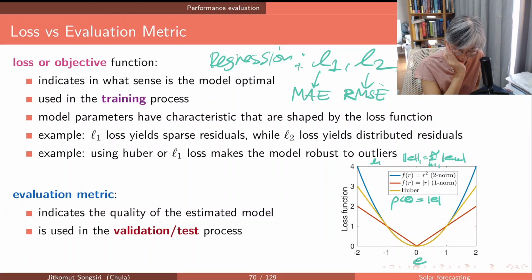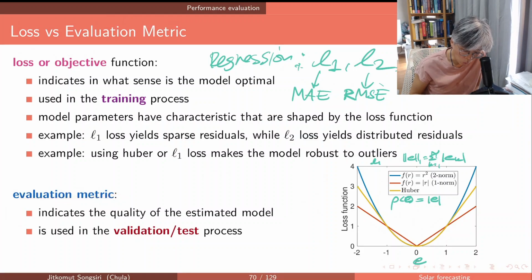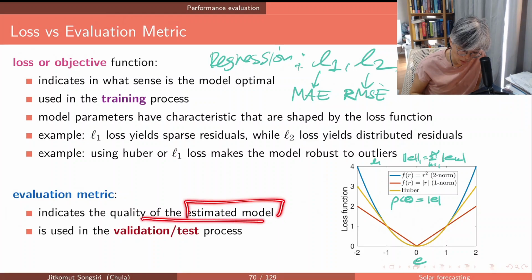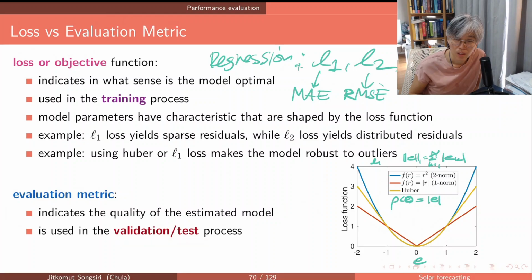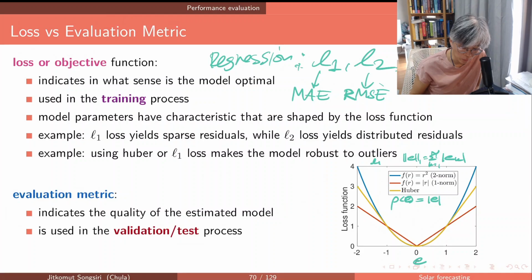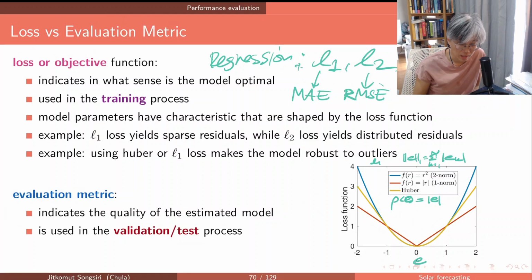On the other hand, the evaluation metric is the quality index of your estimated model. It's used in the validation and the test process. When the model is trained under a certain loss, you can still, in the test or validation process, evaluate your model using other metrics or all of them.